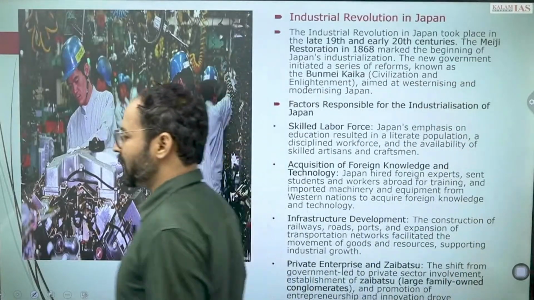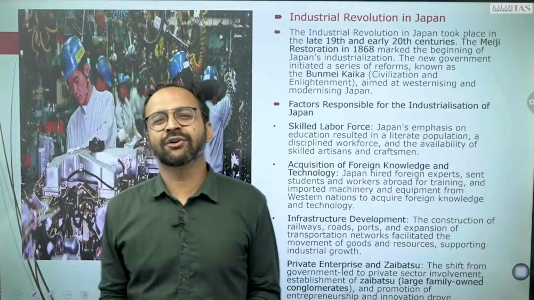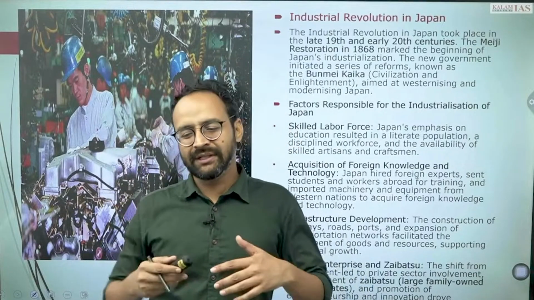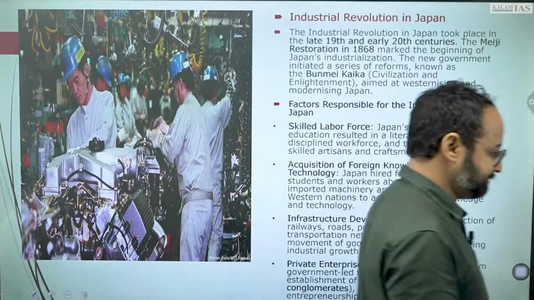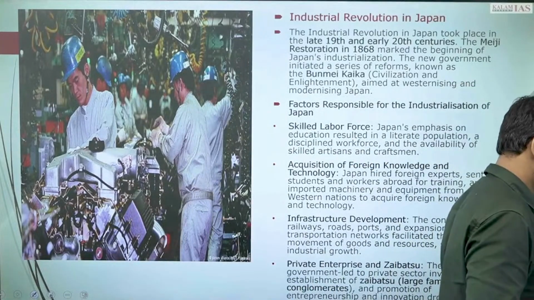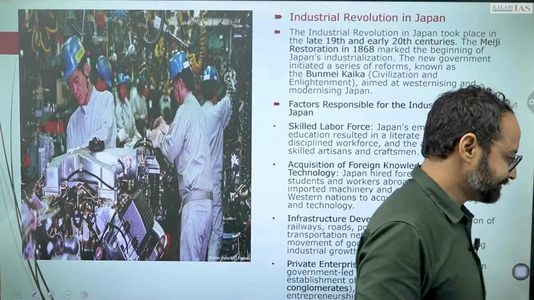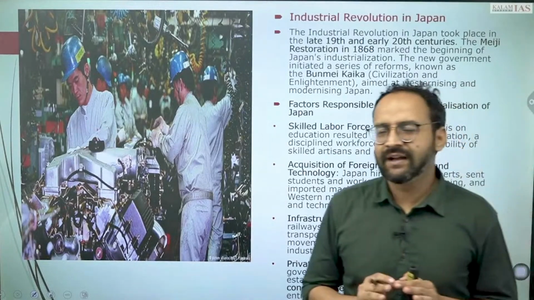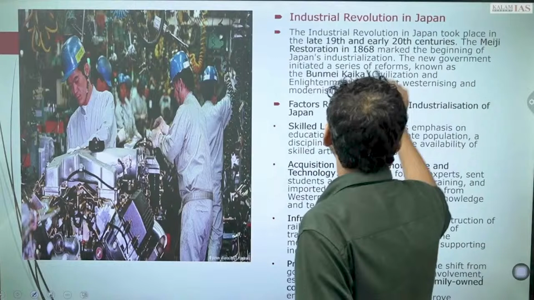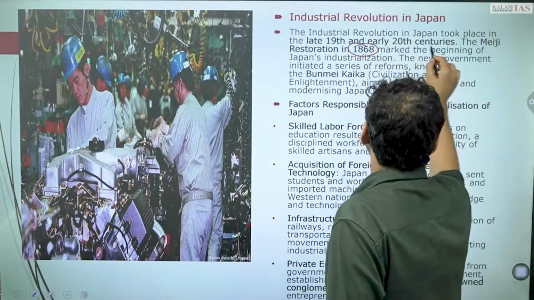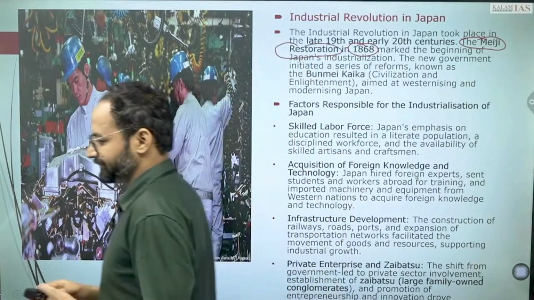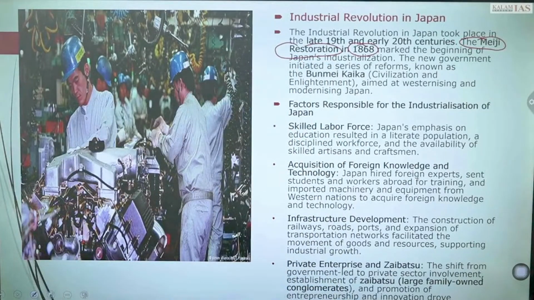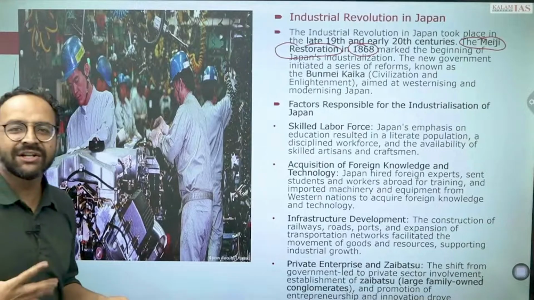Then we come to Japan. If we are talking about Hiroshima and Nagasaki, let's see where the story is starting. It starts off in the 1860s, where we see the Meiji government and the Meiji Restoration. What is the Meiji Restoration?